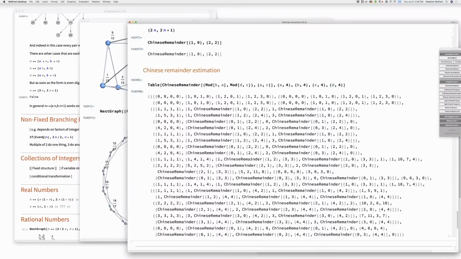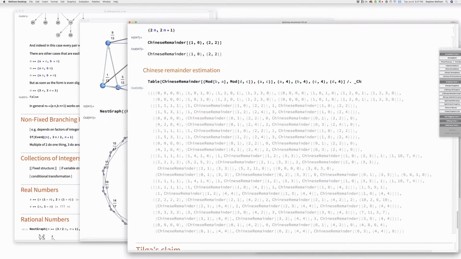Yep. Those are cases where there cannot be a merge. Right. So let's take this and I'm going to just hack it here. Underscore Chinese remainder, arrow infinity.